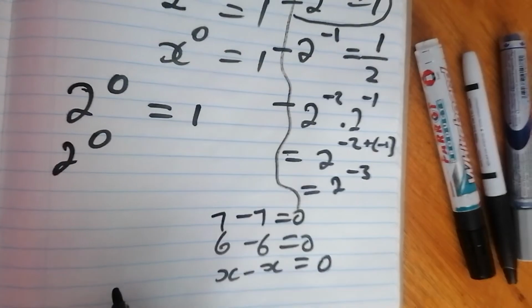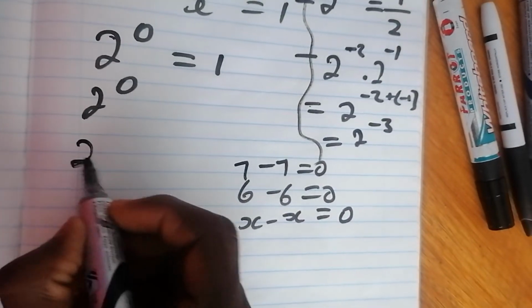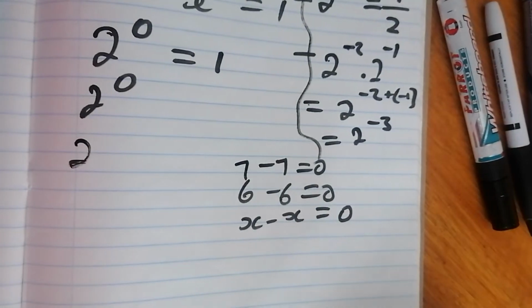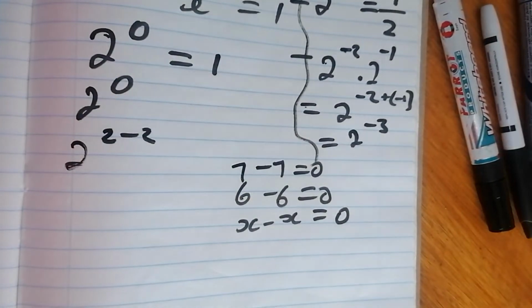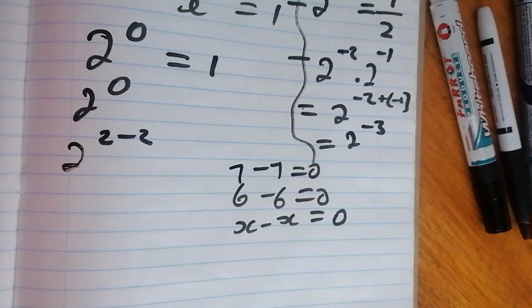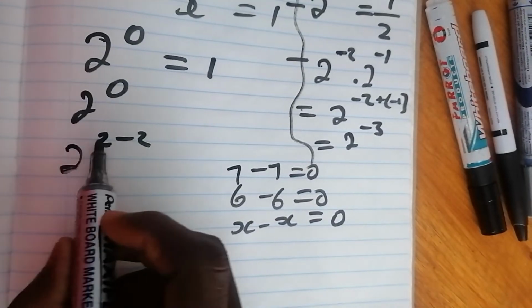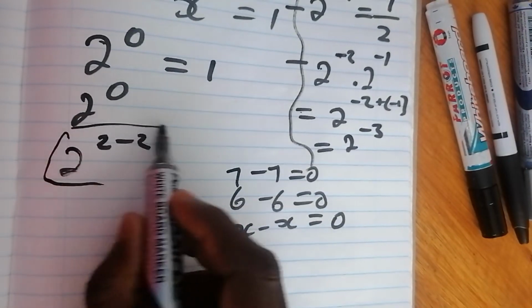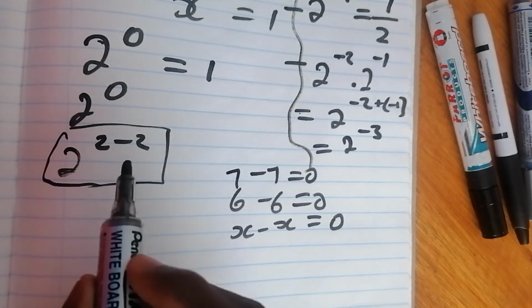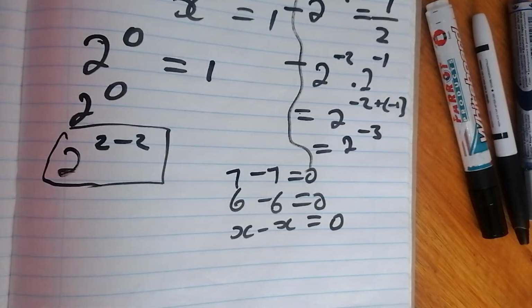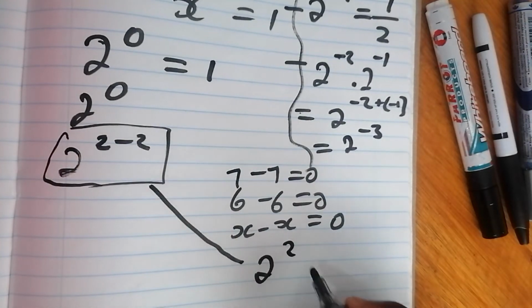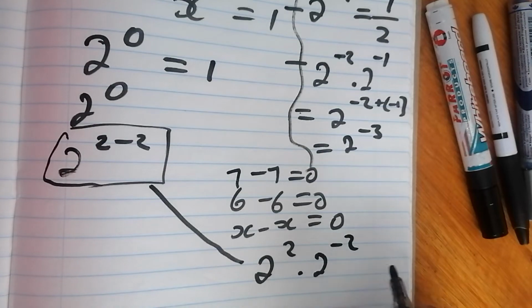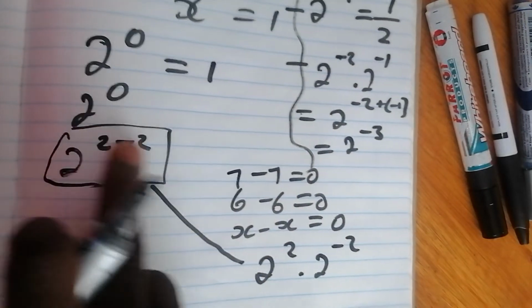So we are going to represent that 0 as what? As 2 to the power, let's use 2 minus 2, okay? And then guys, we can even reverse this. Here we have 2 to the power 2 minus 2. I love this one. Do you agree if I say 2 to the power 2 times 2 to the power minus 2 is the same as 2 to the power 2 minus 2?